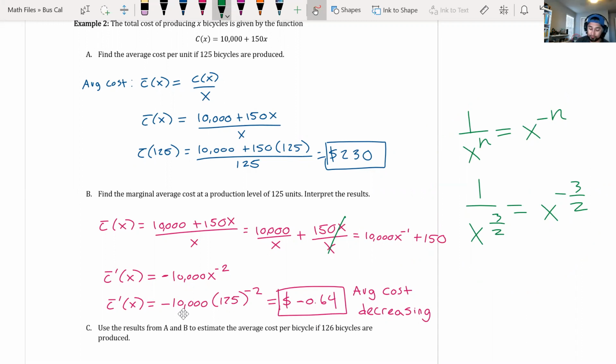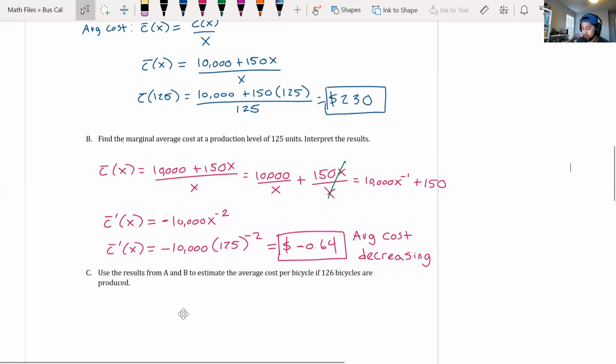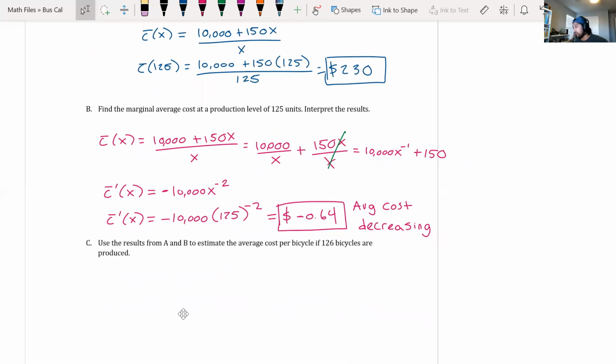Make sense? Okay. So if we're producing 125 bicycles, the cost is going to decrease. And again, there's other factors that could be the reason why your cost is decreasing. Maybe we have the best bicycle on the market and our revenue is increasing.